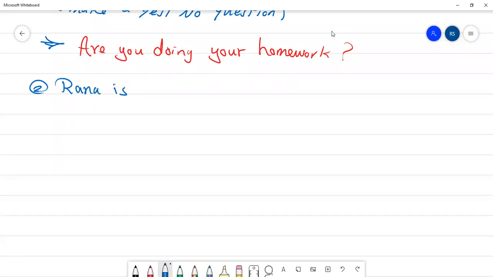Number two, Rana is traveling to Jeddah.